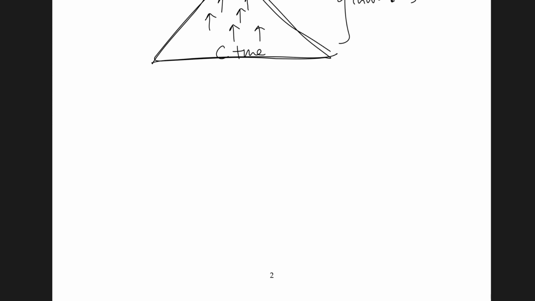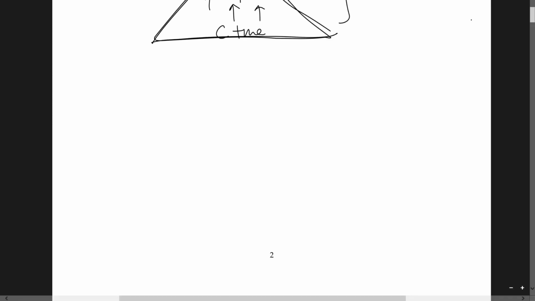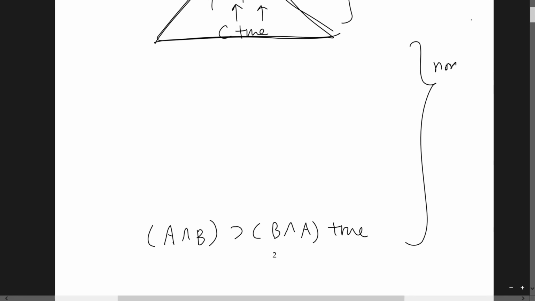Let's see an example. Let's try to build a proof of A conjunction B implies B conjunction A true without any detour in it. So we'd like to build a normal proof with no detour.